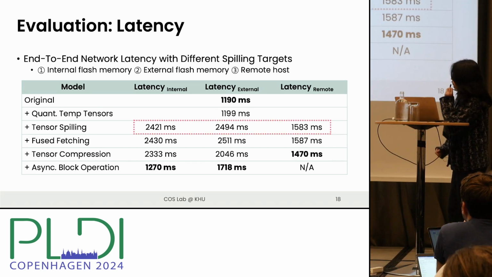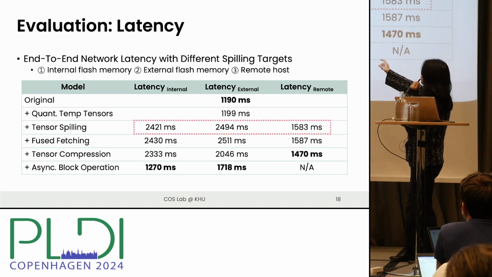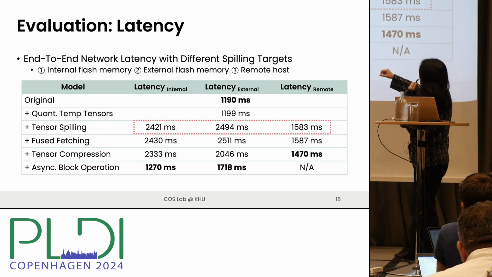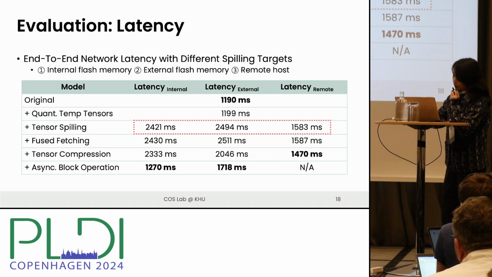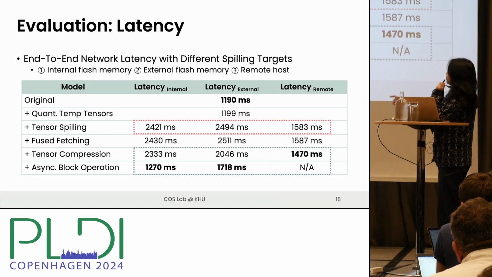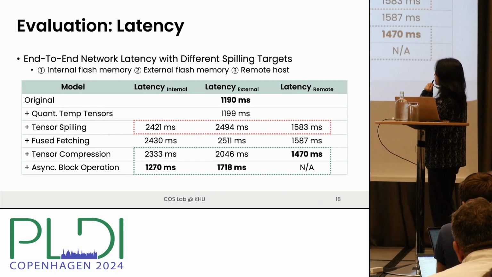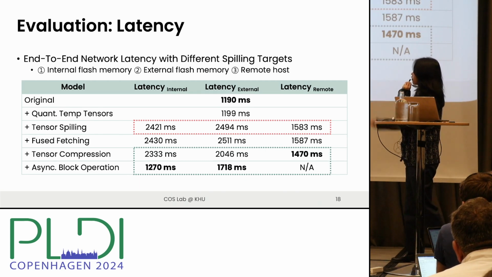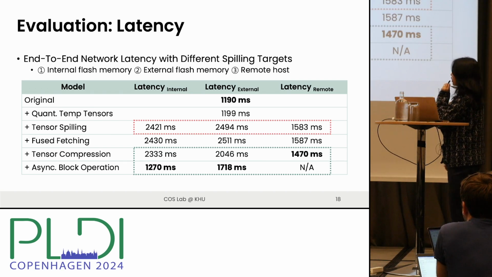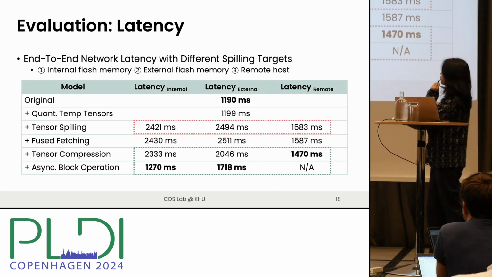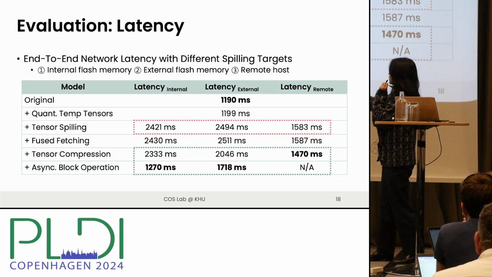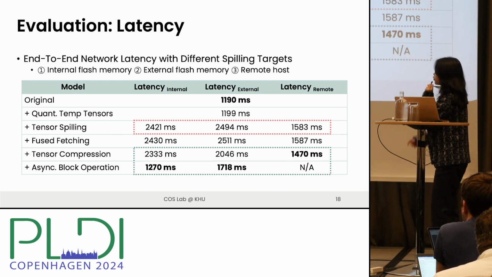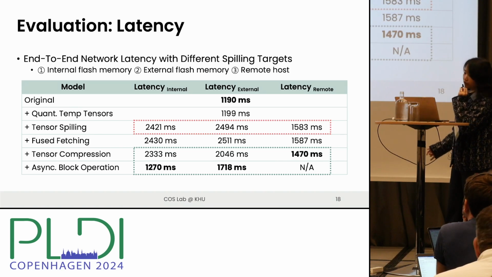Even though tensor spilling results in doubling the latency of the model, we successfully reduced the overhead of tensor spilling by tensor compression and asynchronous block erase. So at the end, we only got 6% overhead to obtain the 40% memory reduction.